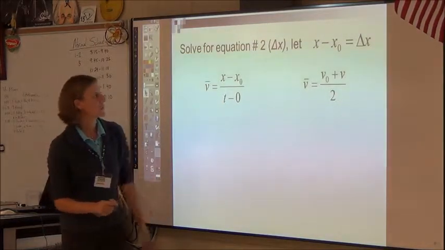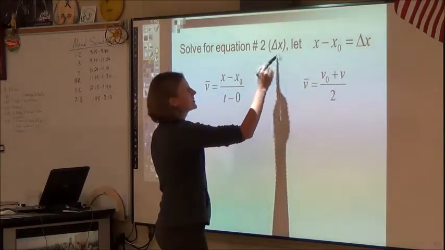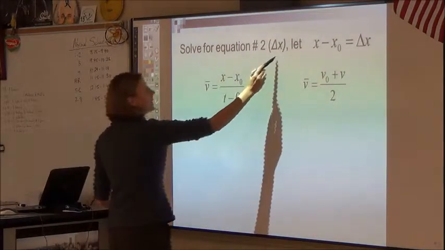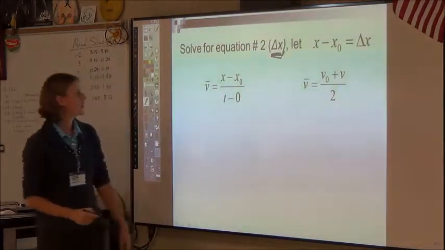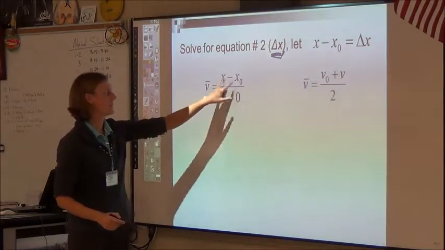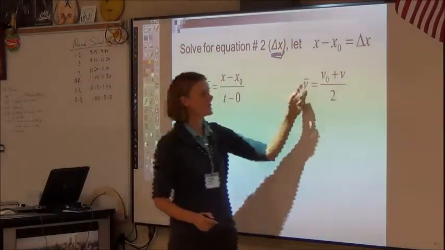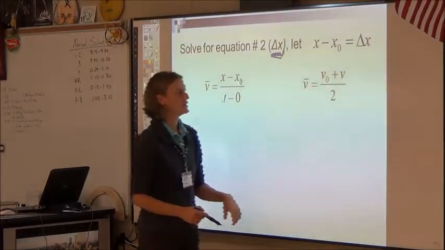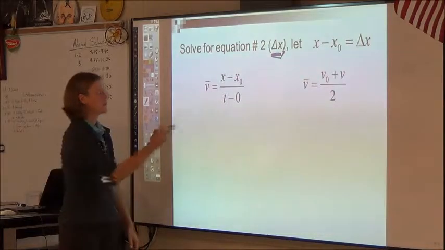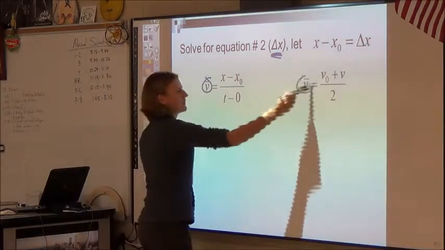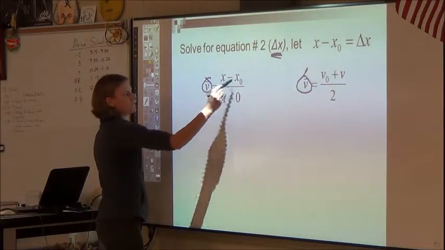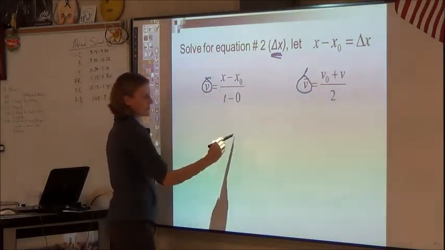So now let's come up with another equation, this one that's going to have displacement involved. Starting with my average velocity equation, that was displacement over time, and my average velocity equation we just wrote down, which was the sum of the velocities over 2. We're picking those 2 velocities. So I'm just going to set these equal to each other. And I'm going to go back to delta x instead of x minus x naught.